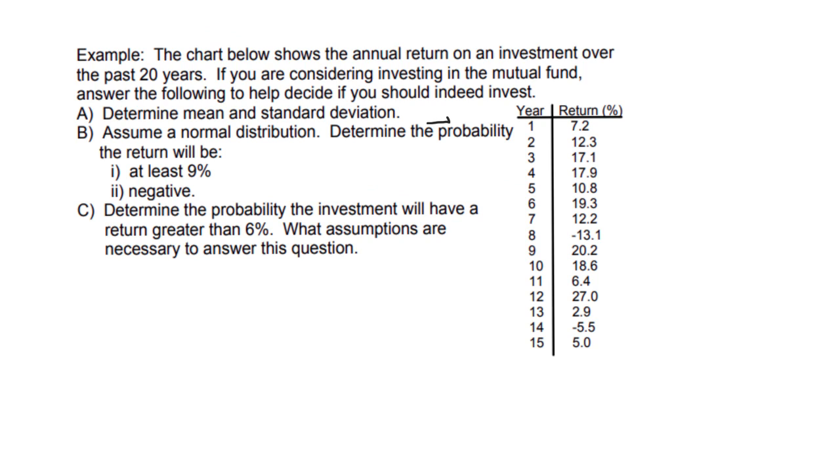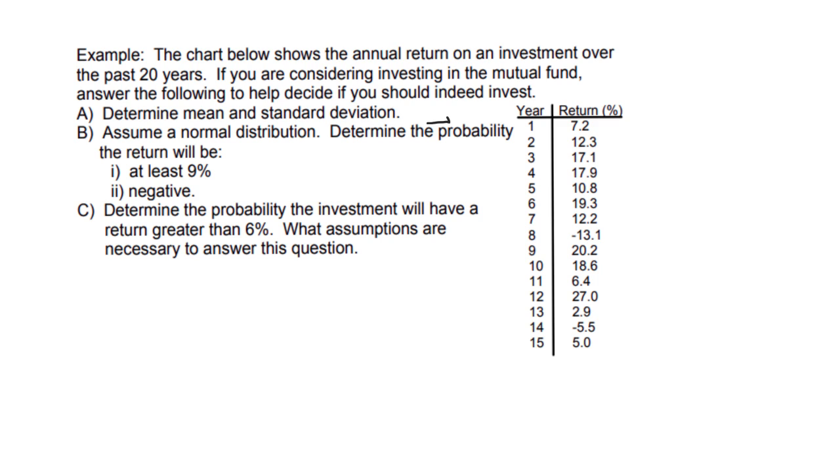So here's our first example. This problem says the chart below shows an annual return on investment over the last 20 years. If you're considering investing in the mutual fund, answer the following to help you decide whether or not to invest.